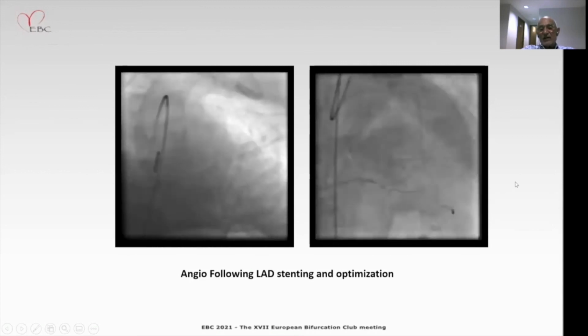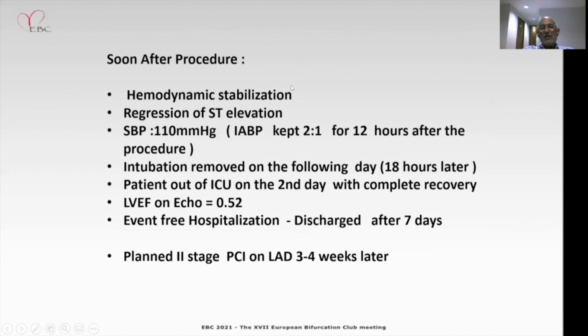Soon after this procedure, hemodynamic stabilization was restored, ST elevation regression was obtained, spontaneous systolic blood pressure was 110, and the intra-aortic balloon was kept 2-to-1 for 12 hours following the procedure. Intubation was removed on the following day, that means 18 hours later.